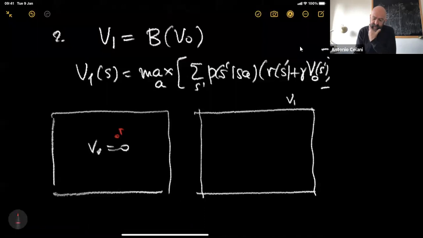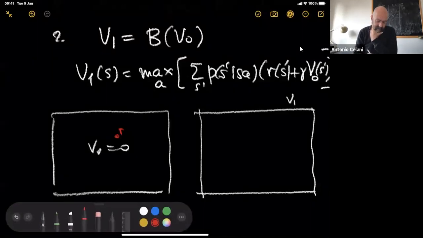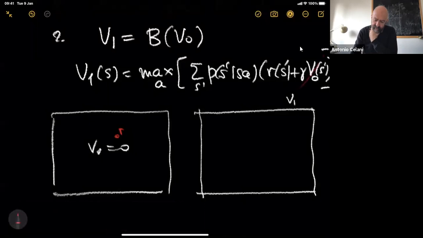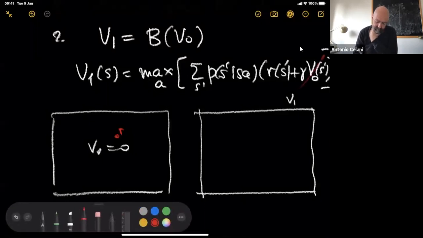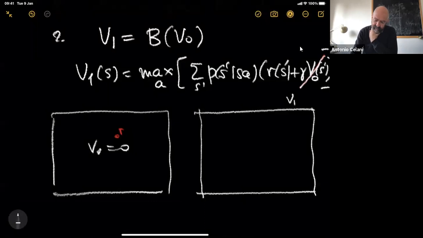What will happen? Remember, by choice, this object is 0, so this goes away. And then what we have to do basically is consider that only the point where the target is contributes to this sum. To what does it contribute?